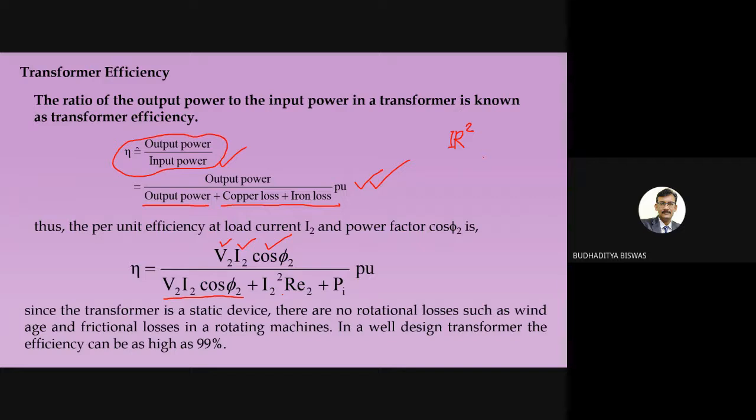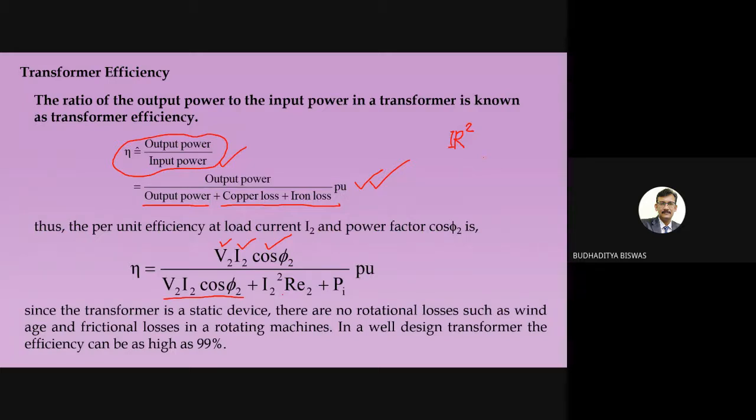This copper loss is actually the cumulative copper loss in the primary winding as well as the secondary winding. That means the actual formula should be I1 squared R1 plus I2 squared R2. But what will be the problem? The problem is that we need to measure the primary current, the secondary current, the primary resistance, the secondary resistance, all these things. So that will be a problem.